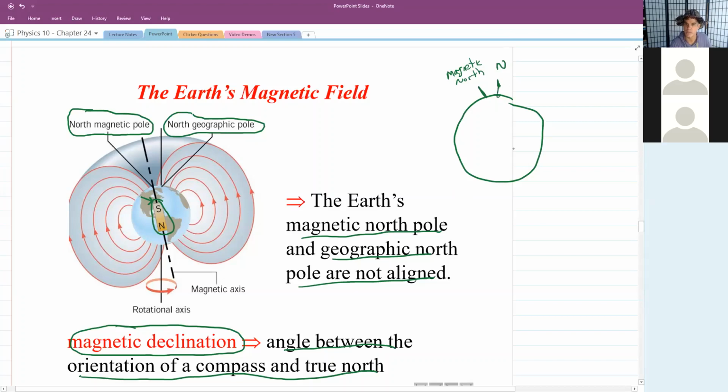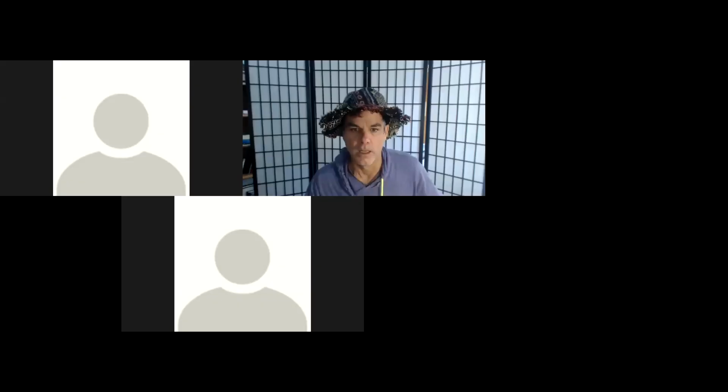And the reason it points in that direction is because it looks like the Earth's magnetic field is created by a giant bar magnet where the south pole of the magnet is basically near geographic north. Did that answer, Allie? It's kind of a challenging concept, but keep in mind opposite poles attract. So if the north pole is going to point north, that's because it's attracted to a magnetic south pole.